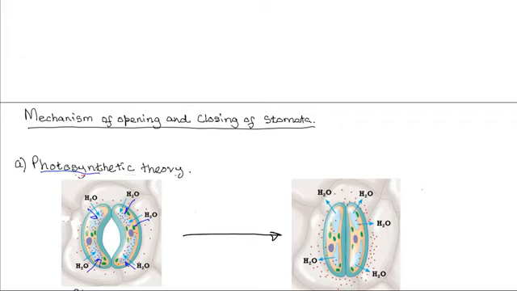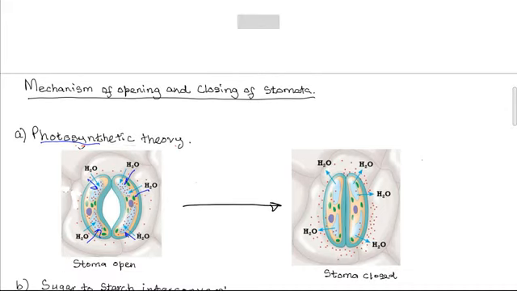At night, however, there is no photosynthesis and there is no sugar formation, and the little that is there is converted to starch, which accumulates in the guard cells. Now, starch is not osmotically active, so the osmotic pressure of the guard cells falls.